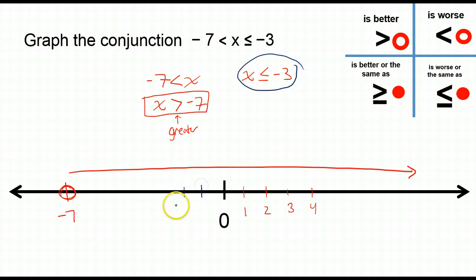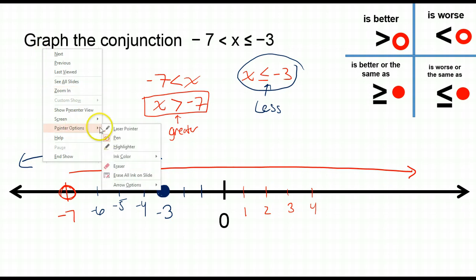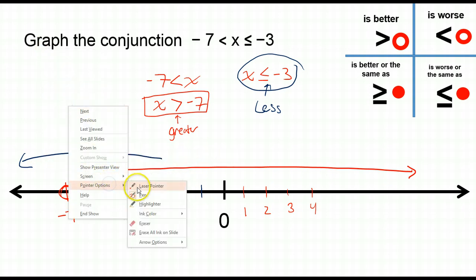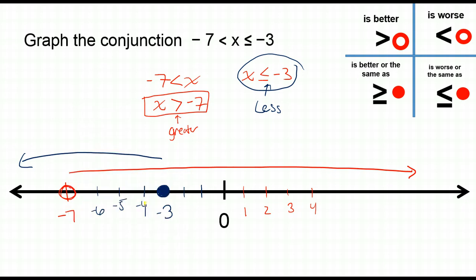Open or closed circle? Closed circle. And what are some numbers that are less than -3? Well, -4, -5, -6. Again, there's a little bit of an overlap here. Okay, so we're going to highlight that area of overlap.